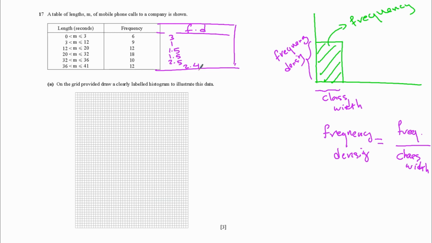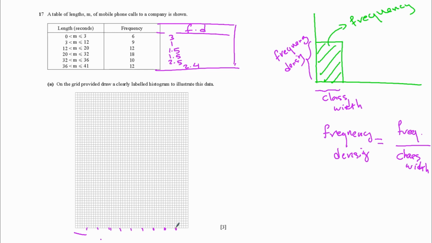So on the horizontal axis I can count 5, 10, 15, then 20, 25, 30, 35, 40 and 45. So I can cover my class widths, where the maximum is 41, within that area.